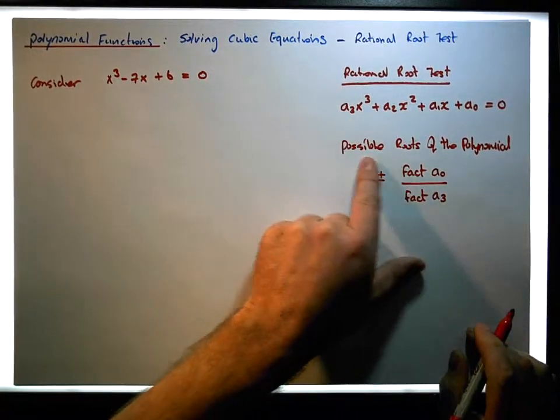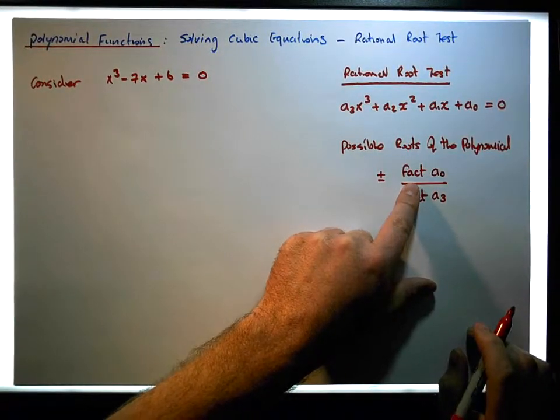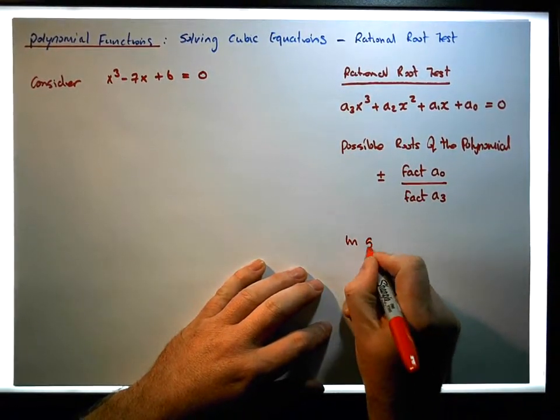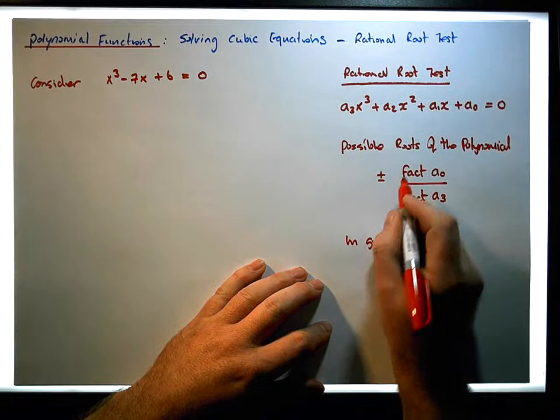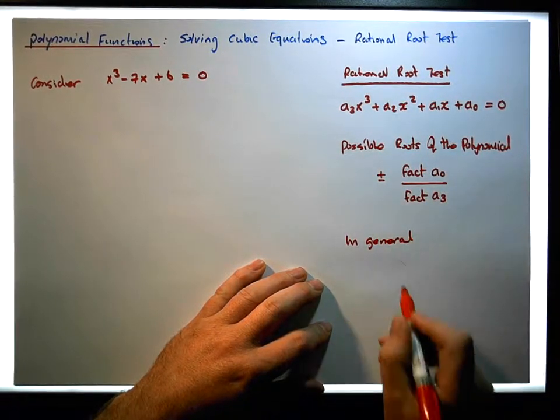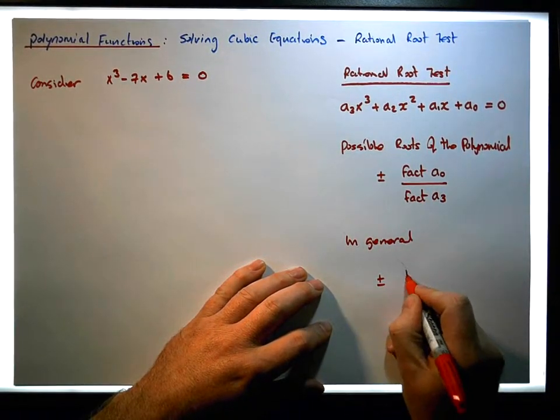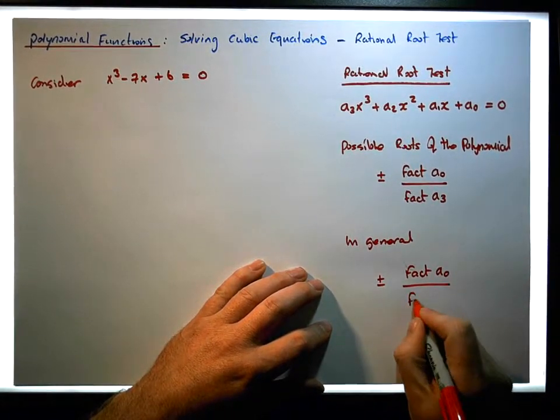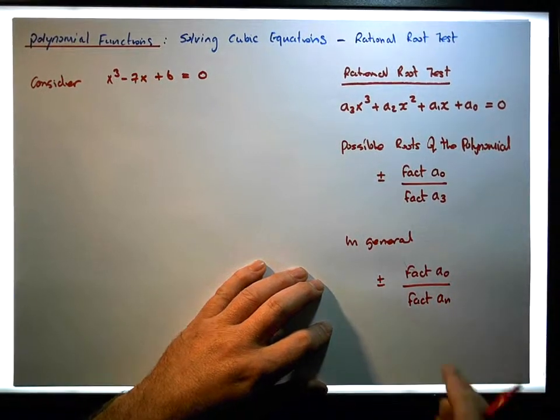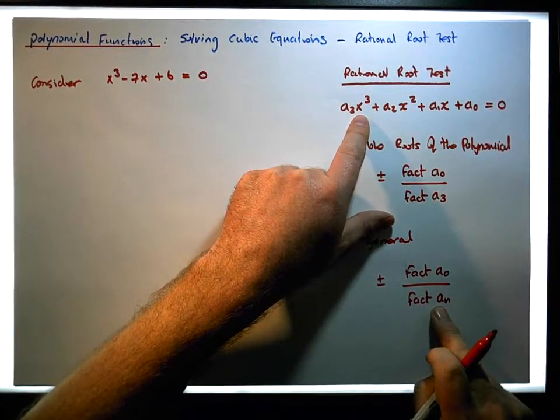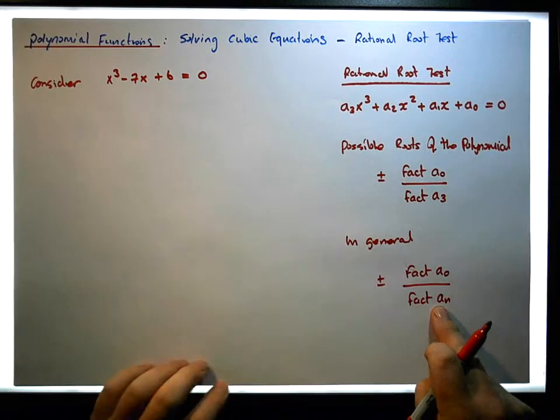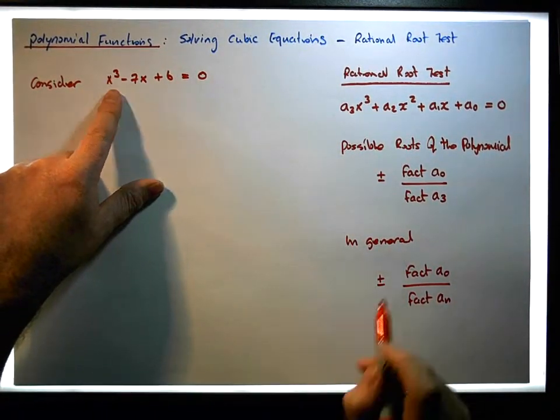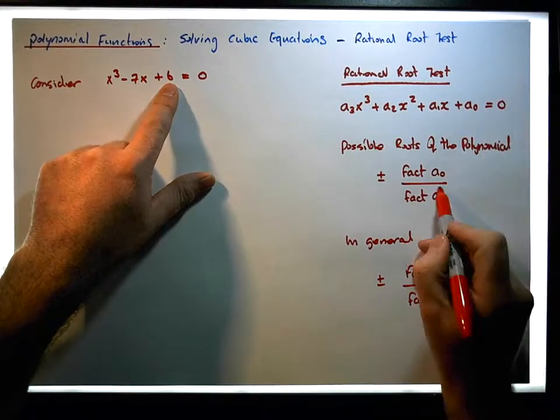This test extends to a polynomial of any degree, where in general the possible roots are plus or minus the factors of the a0 term divided by the factors of the an term, the coefficient of the x with the highest power. In our case this is a cubic, and a0, the constant term, is 6.